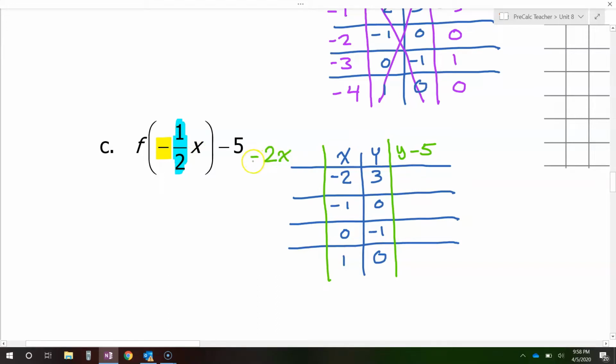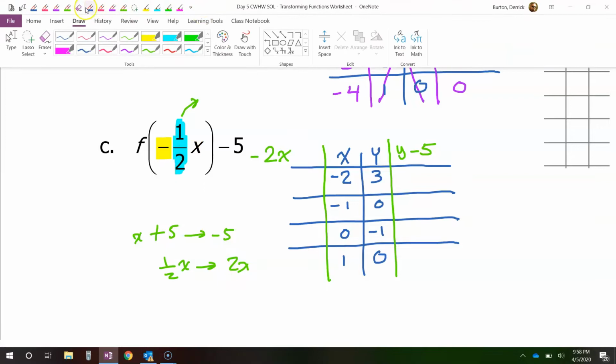Okay, so it's going to be negative 2x. You had to do the reciprocal here. So inside the function, you do the opposite. If I see a plus 5, I wind up doing a minus 5. If I see 1/2, I wind up doing 2x.